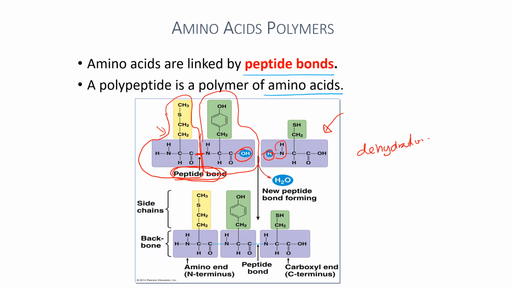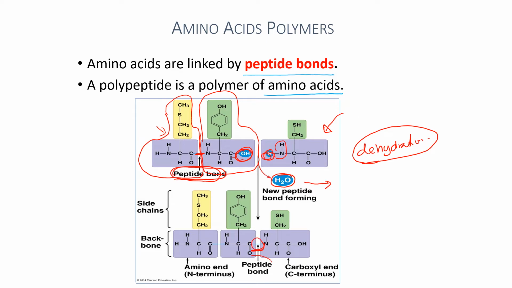So the hydrogen atom and the hydroxyl group that are removed will combine together to produce a water molecule in the dehydration reaction. So one water molecule is discarded from the reaction to connect two amino acids together. Okay, so these will form a peptide bond between the two amino acids.